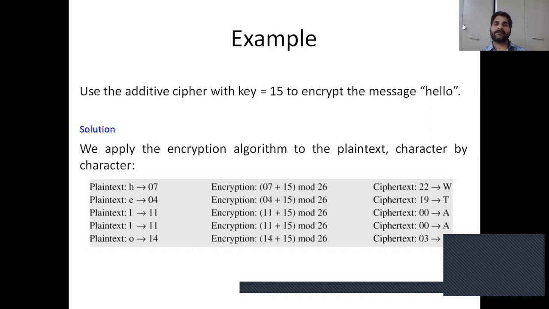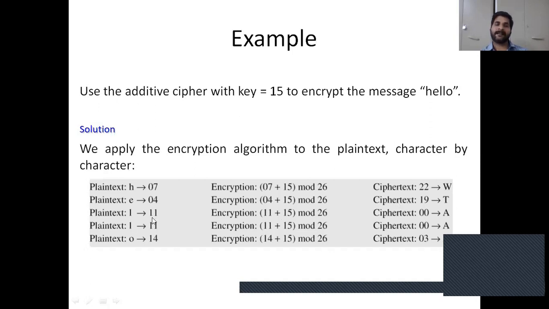We apply the encryption algorithm to the plain text character by character, in the string H E L L O. The location of H in the table is 7, and the encryption key is 15, so 7 plus 15 mod 26 gives ciphertext value 22, which is the capital letter W. Similarly, E has index 4, so 4 plus 15 mod 26 gives ciphertext 19, which is T.